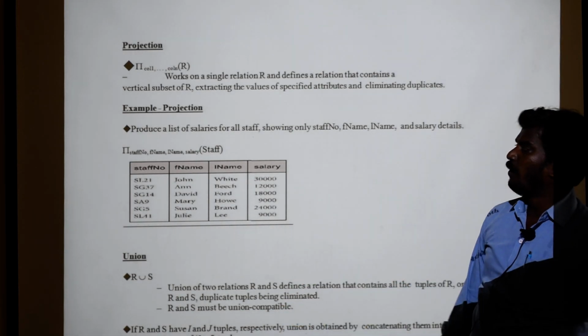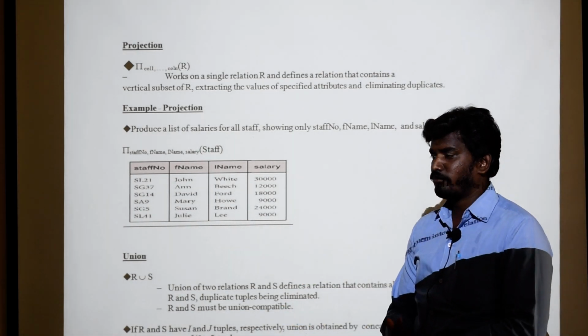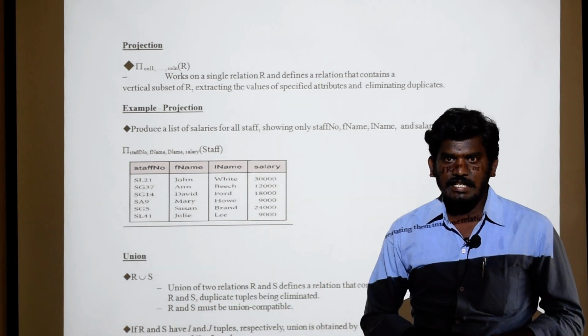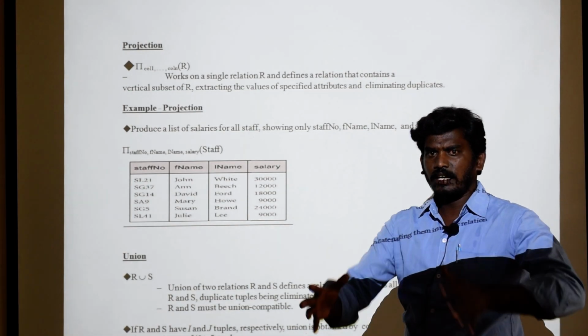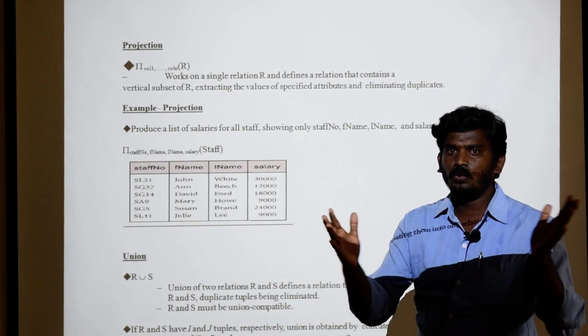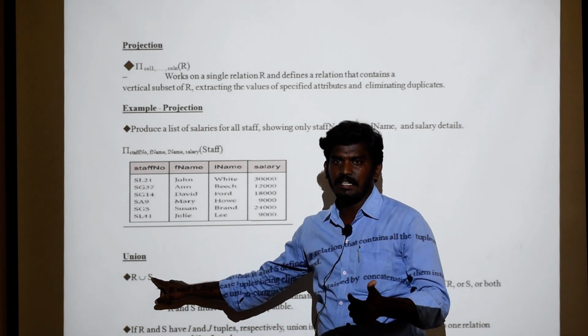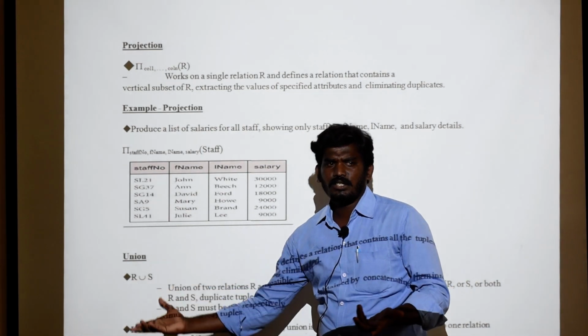The next one, union. Union is a merge of 2 different tables. Repeated elements are presented only once, you just combine the 2 different tables. So R is one table, S is another table. So R and S just union, that's all.